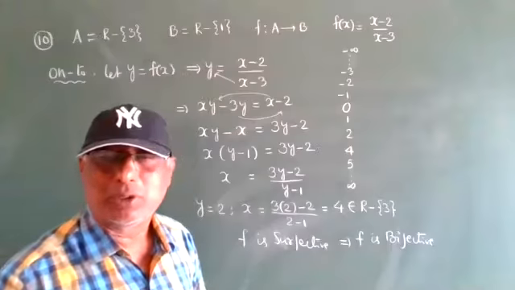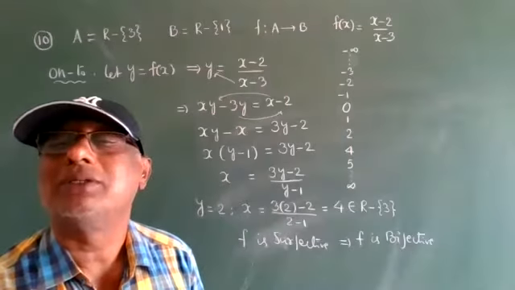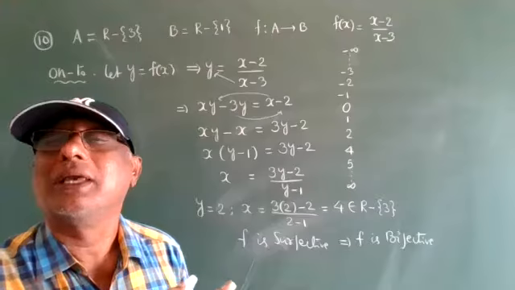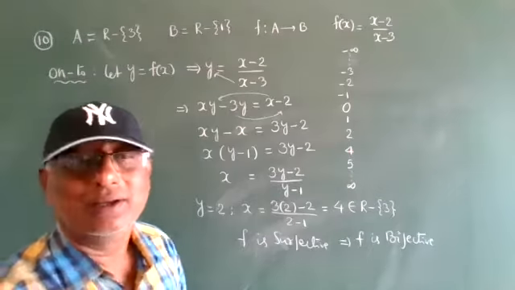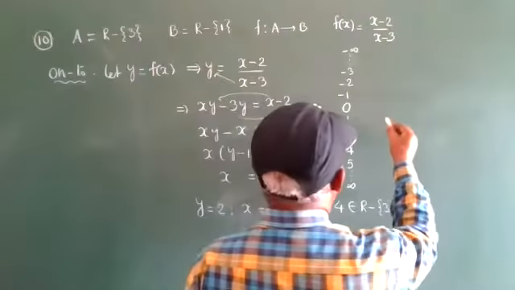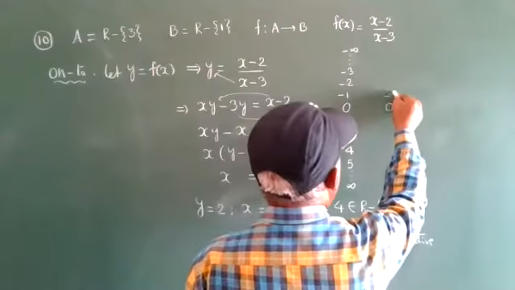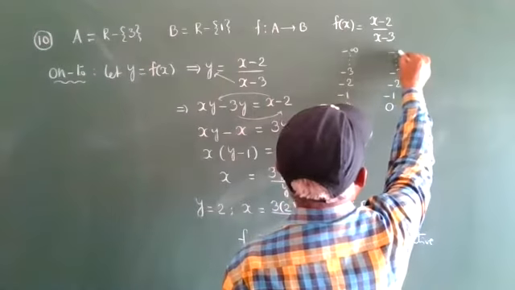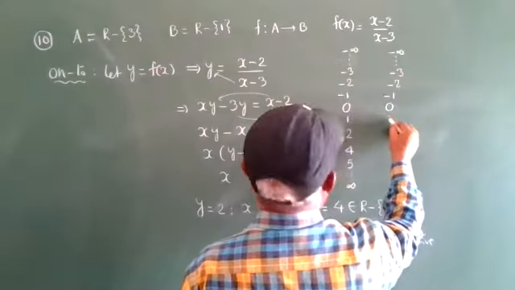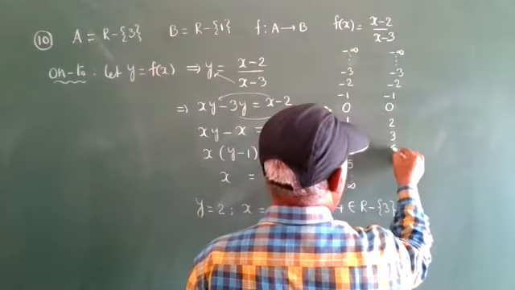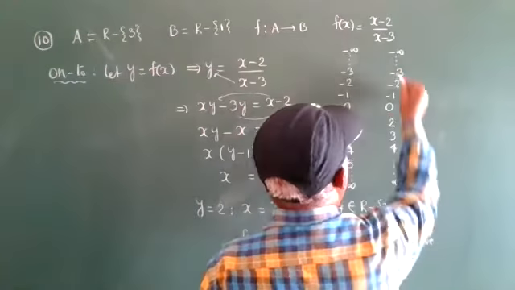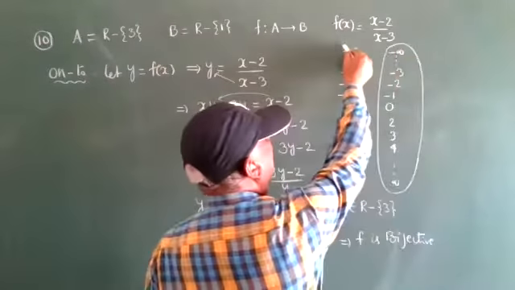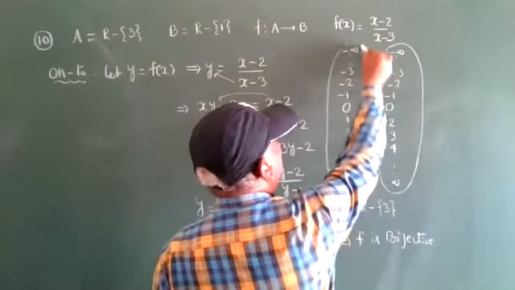Range is not equal? No, wrong. Any value we can substitute: 0, -1, -2, -3, minus infinity. 1 is not there. 2, 3, 4, up to infinity. Any value we can substitute to get the codomain elements.